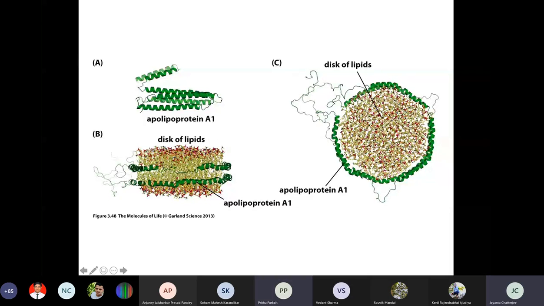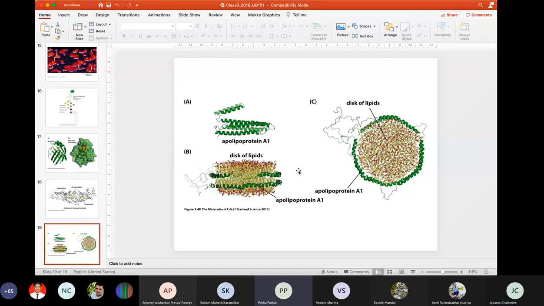Sir, I had one question about the CAAX motif. So in that, the C terminal is at the cysteine or is it at the X? Oh, it's at the X. No, I mean the C terminus.